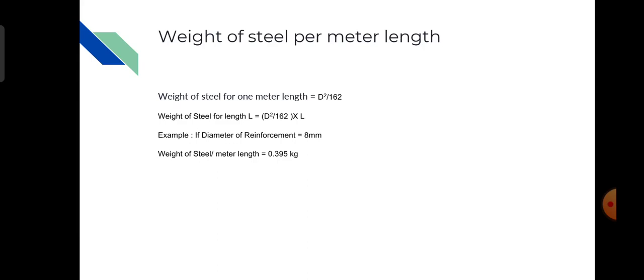So d square, that is 8 square divided by 162 times of L, where L is equal to 1. So you will get the weight of steel for 1 meter length as 0.395 kgs. So this is how we need to calculate weight of steel bars for the given length of reinforcement.